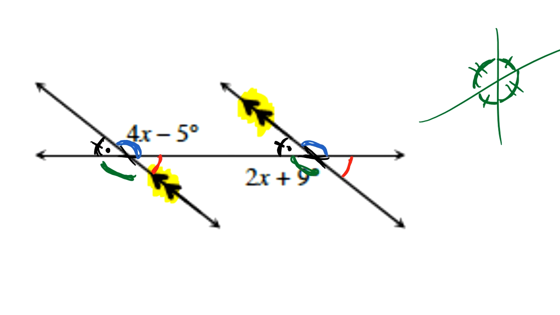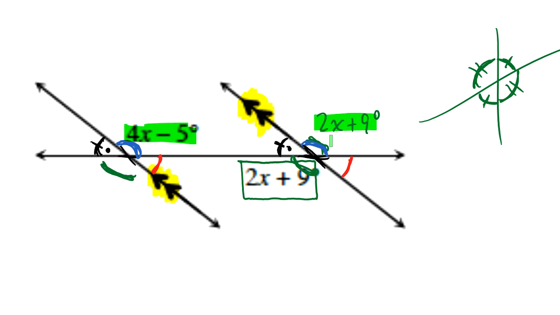So as I look at this, this is how I'm going to think about this. This angle that's marked 2x plus 9 degrees is a vertical angle with the one that's blue across from it right here. So these two have to both be 2x plus 9 degrees. And now if you look at it, the 2x plus 9 is in a spot that's identical to the one that is 4x minus 5, right?